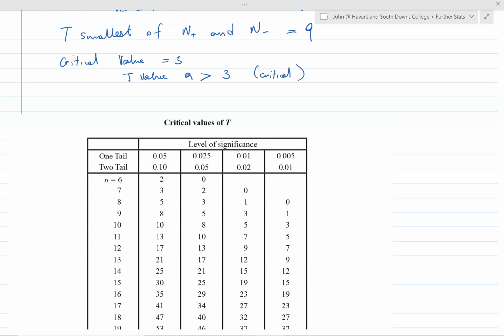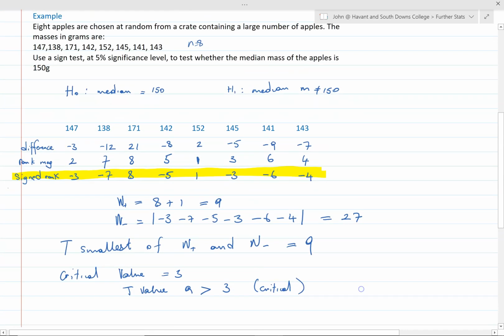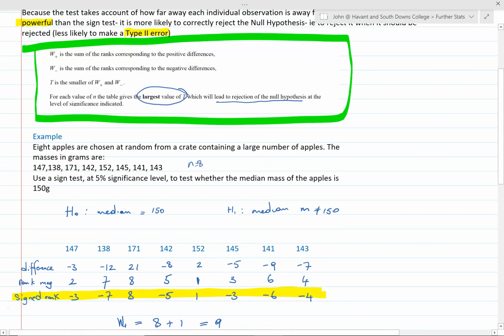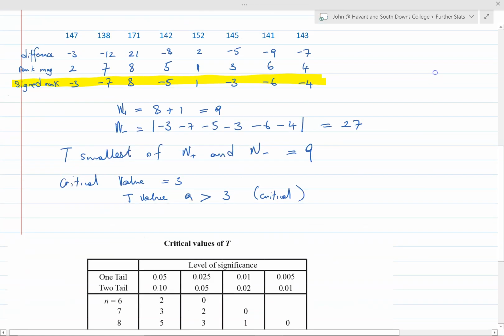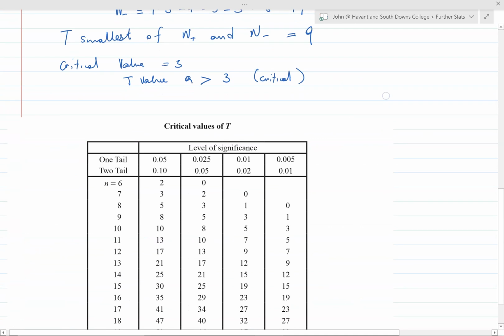This one's a little bit less so, but mercifully it is told to us if we go back to the formula guidance. It says the critical values are the largest value of T which will lead to rejection of the null hypothesis. So 3 is the largest that it could be for us to reject the null hypothesis.